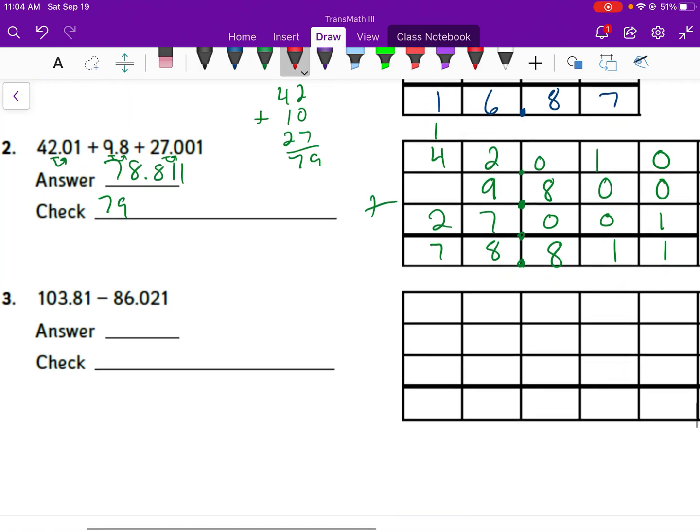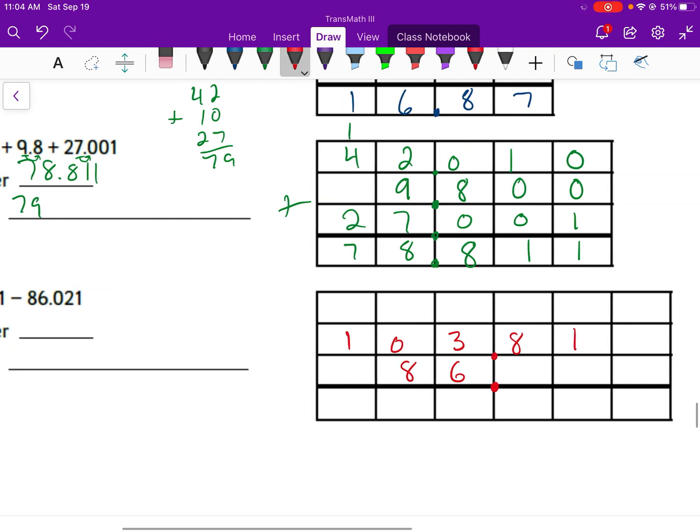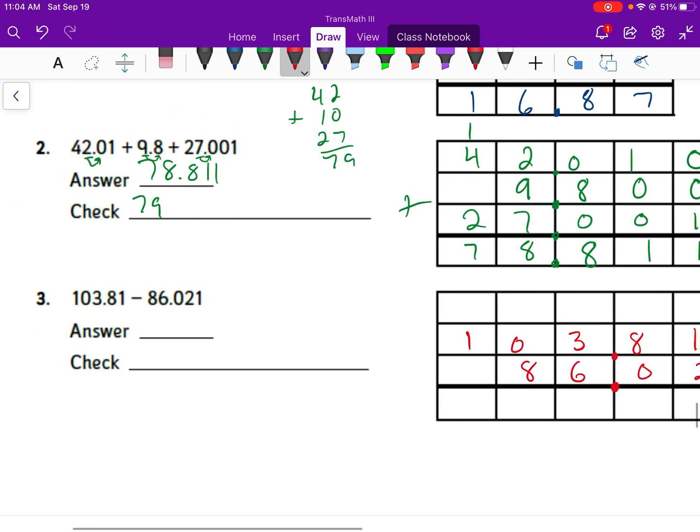Okay, so last one. 103.81 minus 86. Okay, remember, line up that decimal, so that's okay that this is blank. If you want to, go ahead, put a 0 there, and then 86.021. I'm going to add a 0 there for a place value.